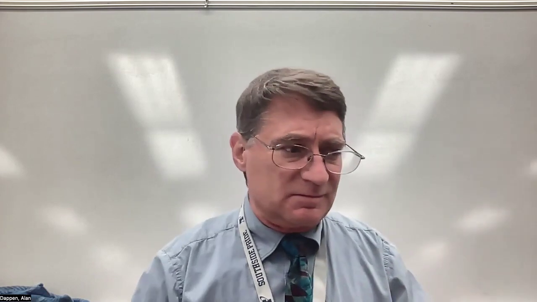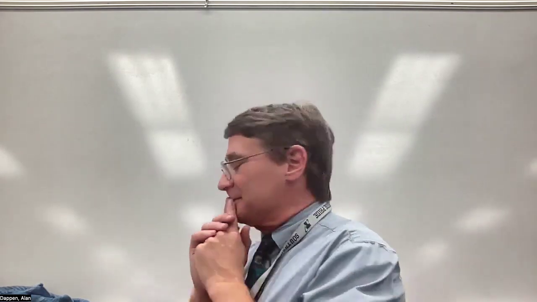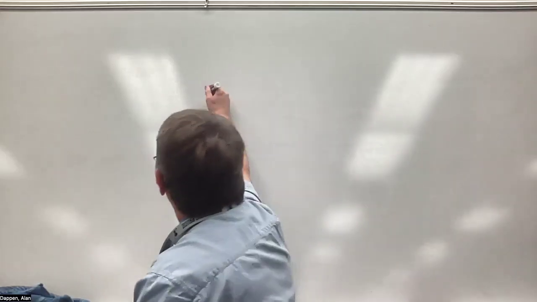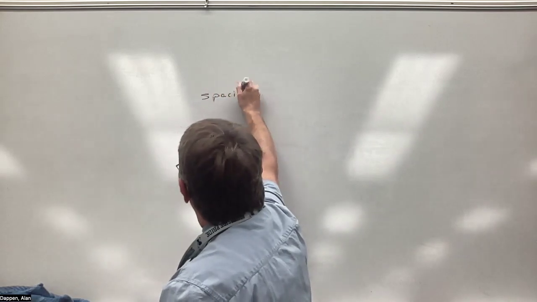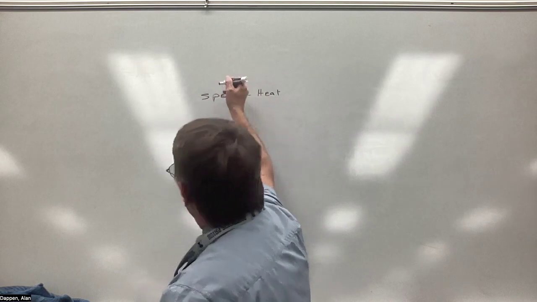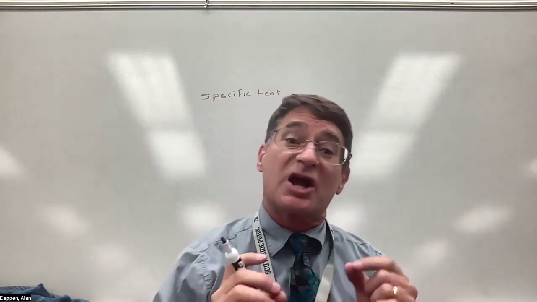So the amount of heat present in a sample has something to do with what the sample is. Water is very different than steel, for example. We call that difference the specific heat. So the specific heat, often that's called specific heat capacity.